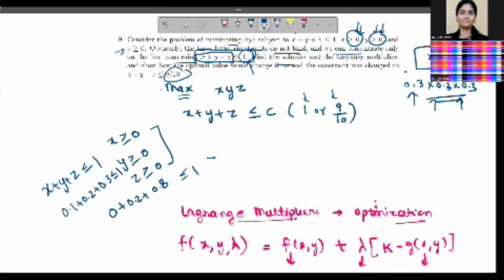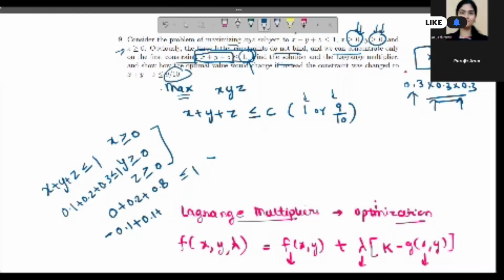If I consider a lesser value, let's say minus 0.1, and then y plus z has to be 1.1. Is this fine?